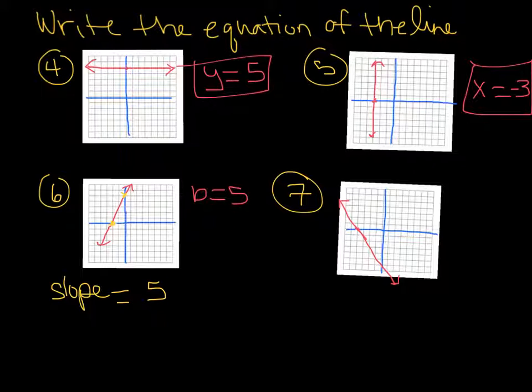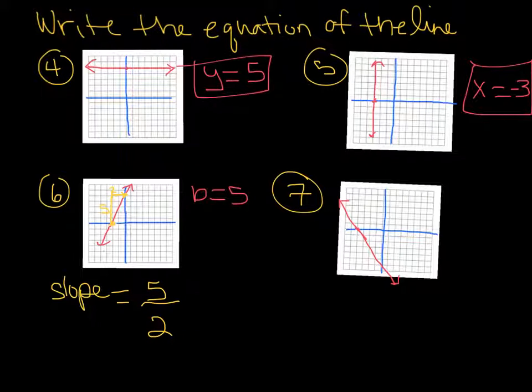You can think of it as 1, 2, 3, 4, 5. From there, I have to go right 2, so 1, 2, so it's going to be 5 over 2. So the amount I went up was 5, the amount I went over is 2.